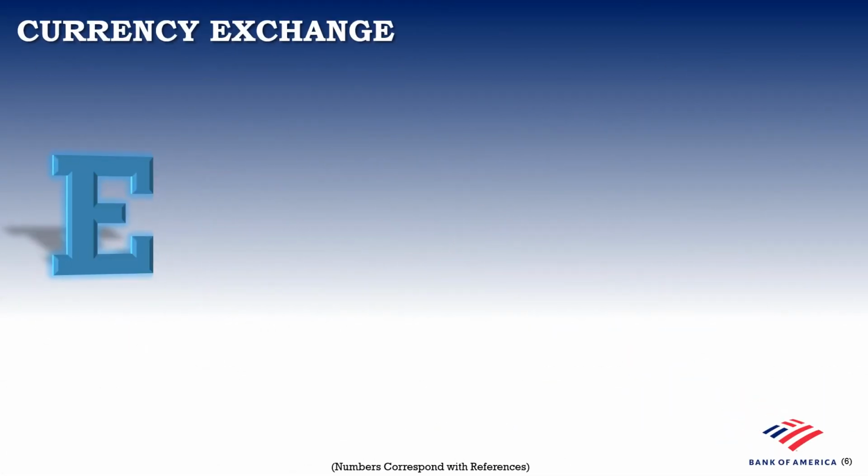The second economic one is the currency exchange. Currency exchange is the process by which currencies are exchanged between different nations and different currency values. Fluctuations in the currency exchange rates can affect the value of the dollar and in turn affect the value of the investments and assets that Bank of America has on the global stage.